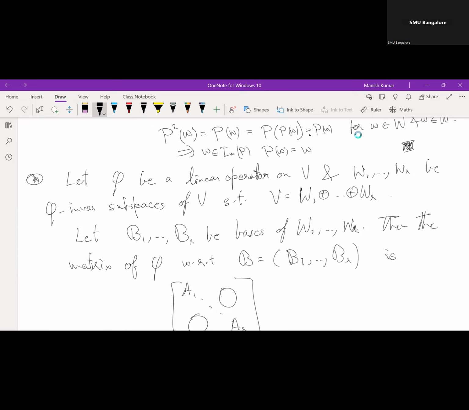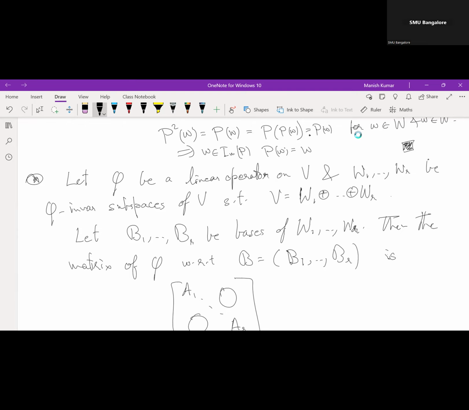So B is the union of B1 to BR clubbed together as an ordered basis, so we maintain the order. First we look at the elements of B1, then elements of B2, and so on.